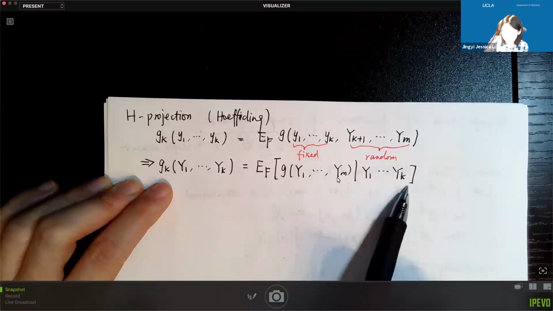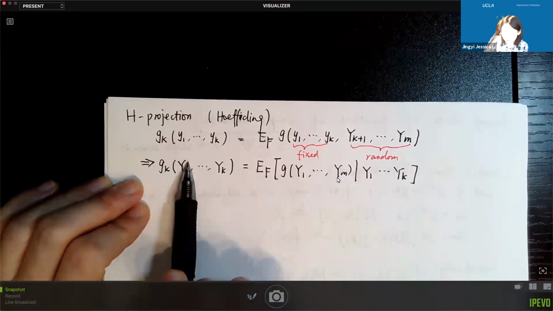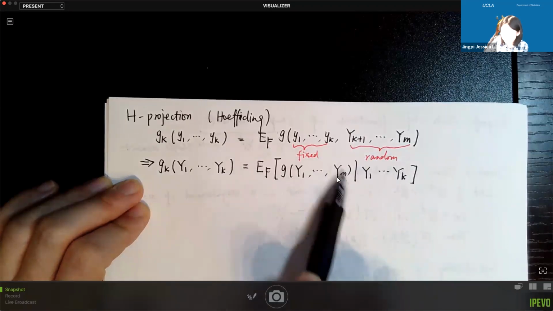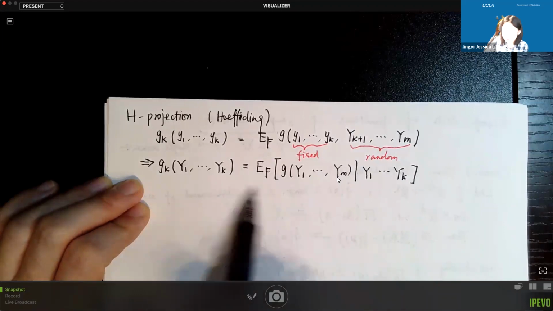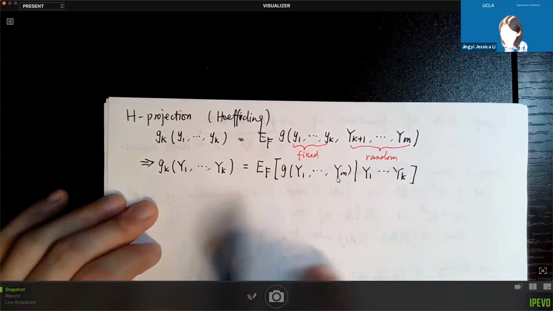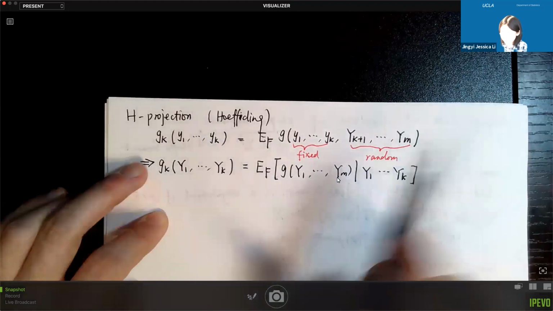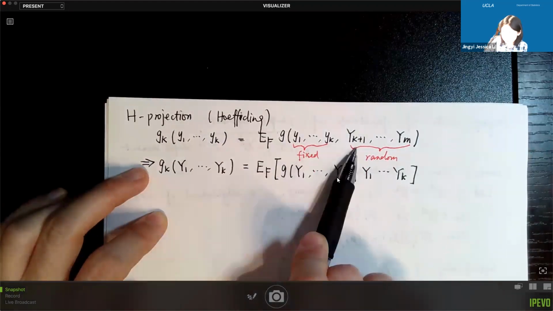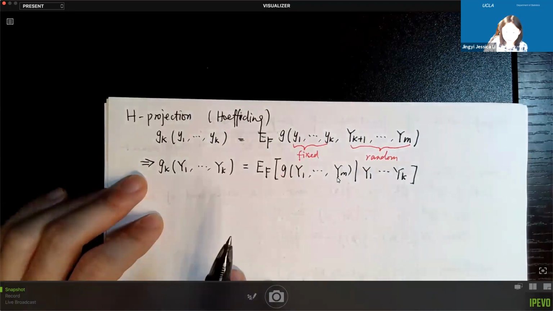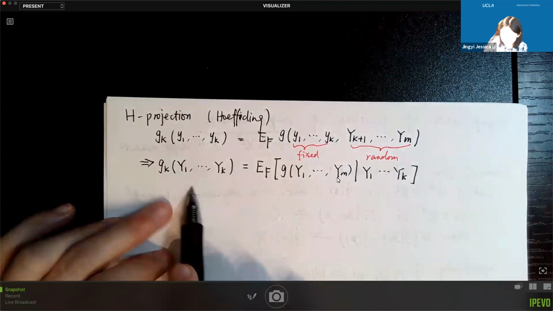They stay in my conditional expectation, and yk plus 1 to ym will still be taken care of by the conditional expectation. So this is the general way, and this is a specific way. This is what we call the H projection.